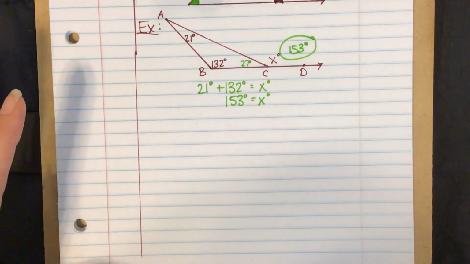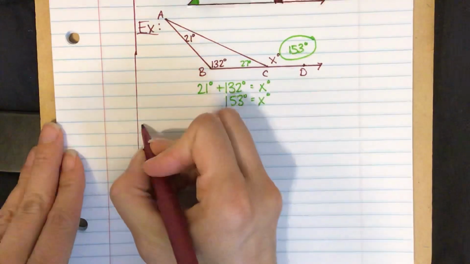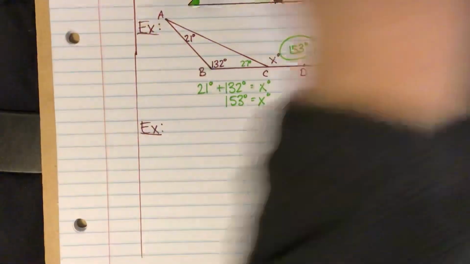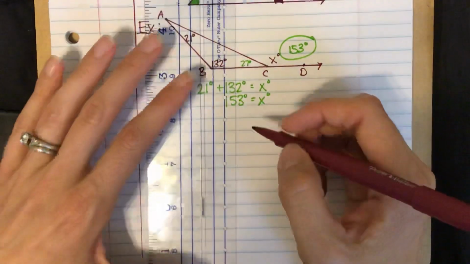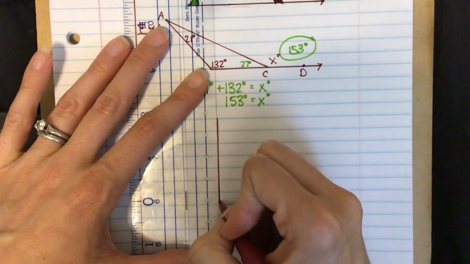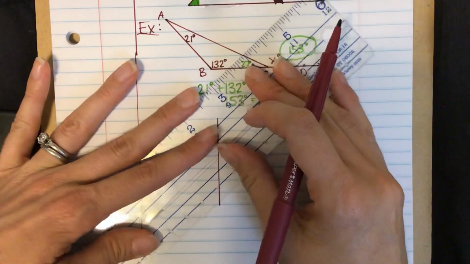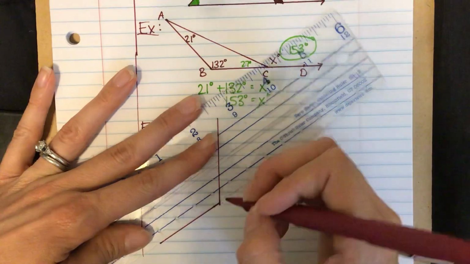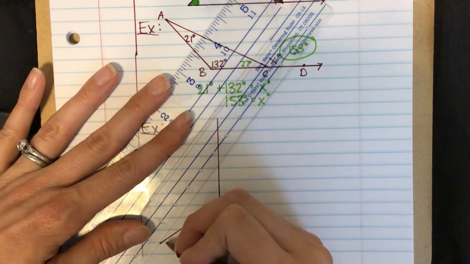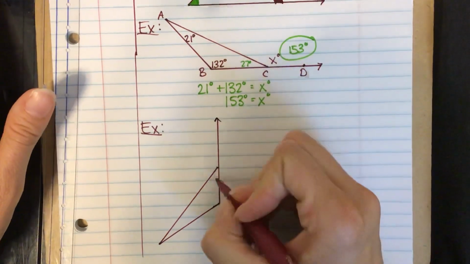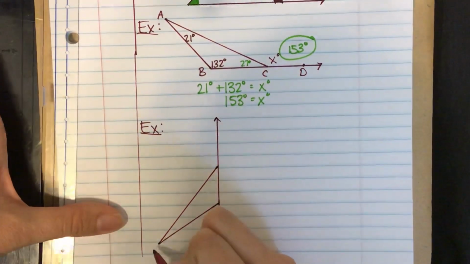All right, let's try another example. We're going to use the exterior angle theorem in a slightly different manner. So let's set this up. Let's give this angle a name.